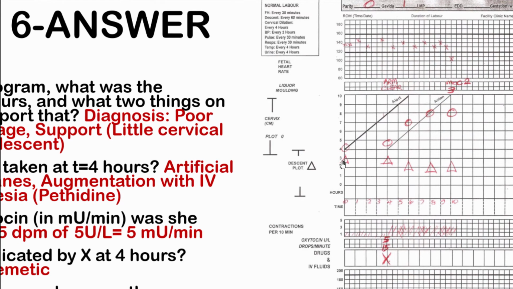We look at the descent here. This child was at a descent of 3, but 4 hours later the descent is pretty much the same, so the child hasn't moved any lower. So this mother has poor cervical dilatation and the child has poor descent.